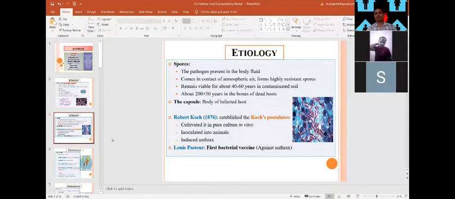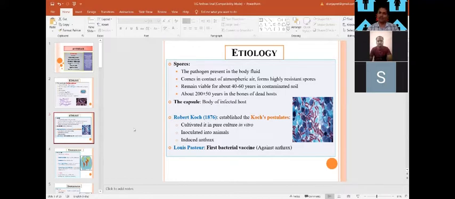As I told earlier, these organisms are present inside the body in encapsulated forms. Now in the diagnosis segment, we will see how we identify Bacillus anthracis. This organism is also the basis of Koch's postulates, given by Robert Koch.